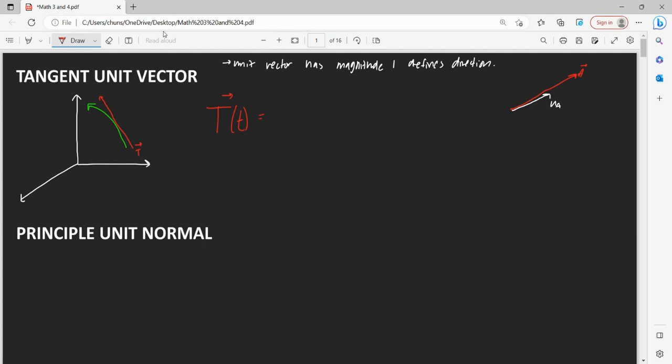First way is to say that it is our velocity over our speed of a particle, which is also equal to saying the derivative of position over the magnitude of the derivative of position, which we know just to be velocity. So that's why I wrote it like this to start.